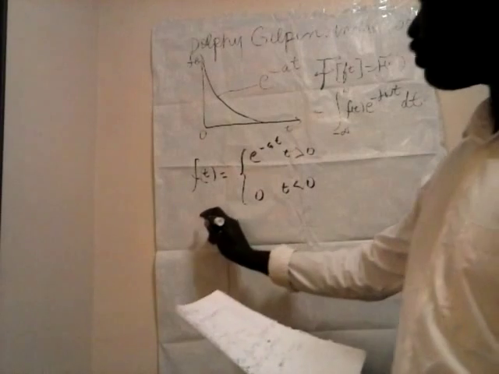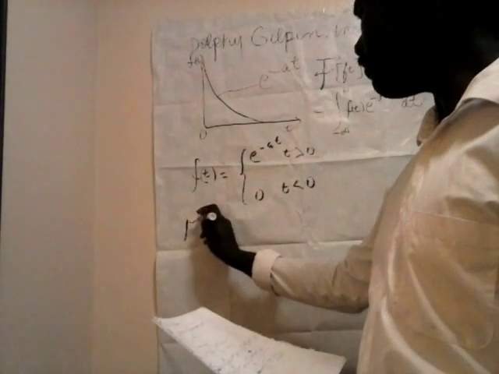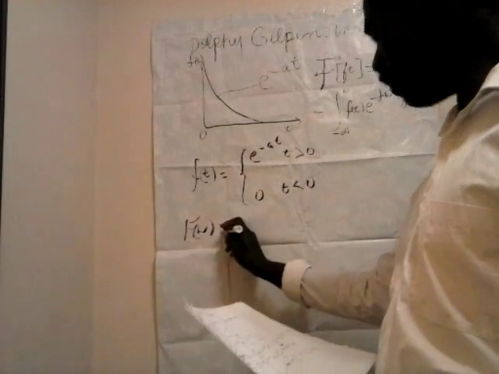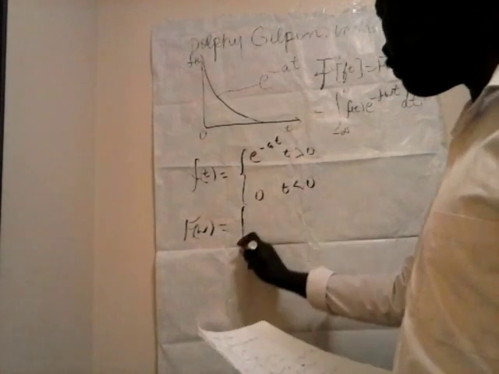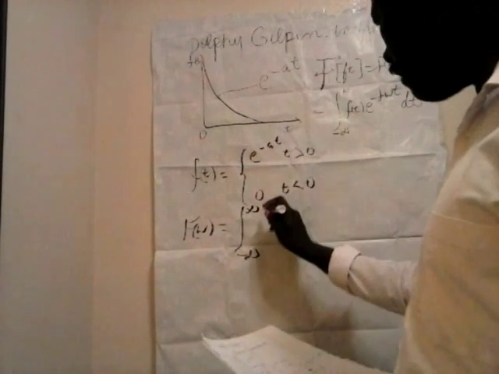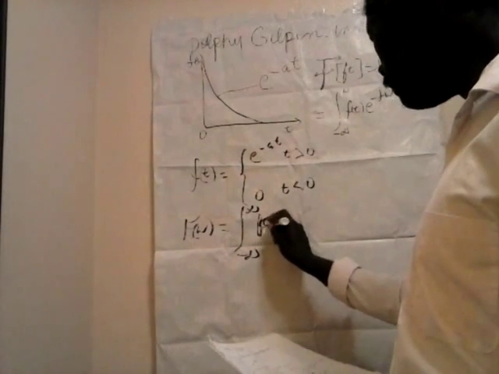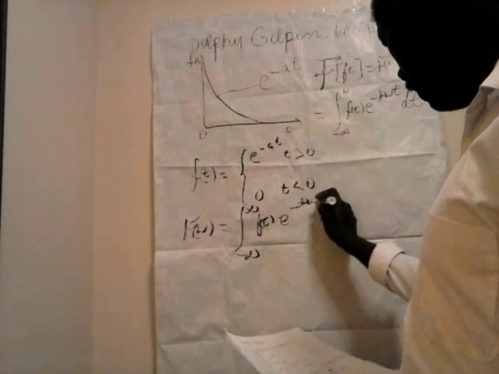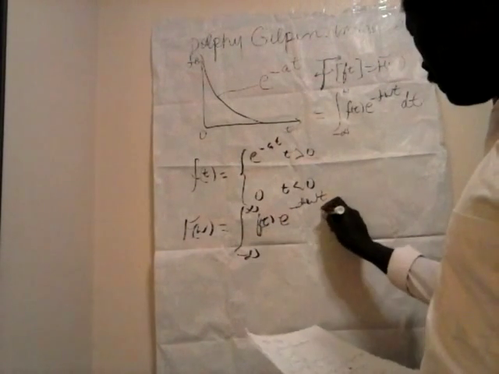Hence we say that the Fourier transform F of omega is equal to the integral from minus infinity to infinity of f of t e to the minus j omega t dt.